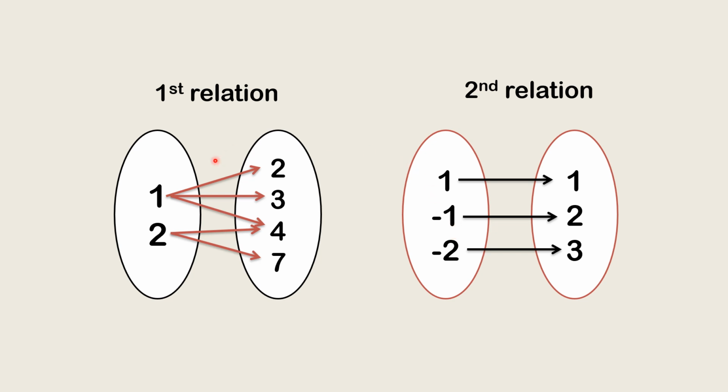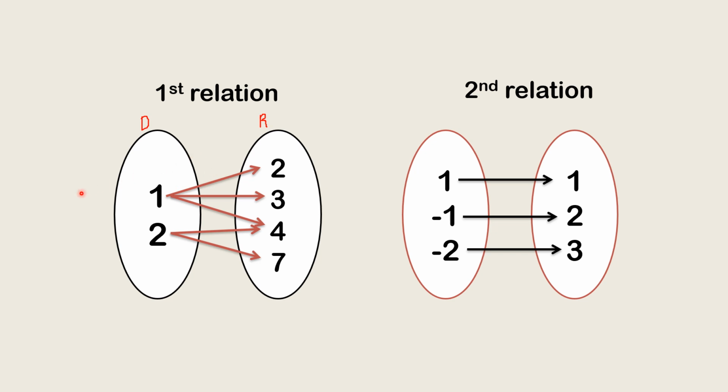Now, let us have the first relation muna. According to the first relation, we have here two values, 1 and 2, right? As the domain, okay? Domain ito. Automatically naman, ito, domain. Tapos, ito, range. Okay? Now, sabi dito that 1 corresponds to a given value of y, which is 2.